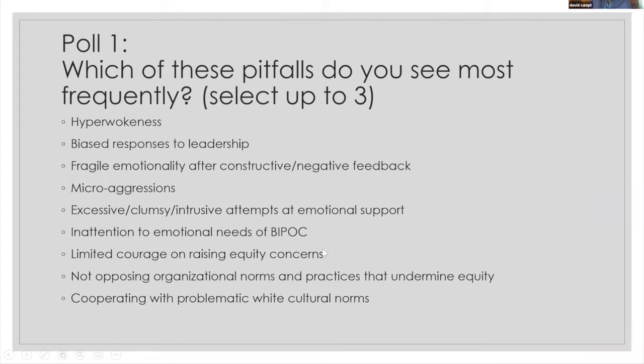Is it the hyper wokeness? Is it the biased responses to leadership? Is it the fragile emotionality after constructive feedback? Is it microaggressions, excessive or clumsy attempts to add emotional support, or its opposite, inattention to emotional support needs, limited courage on raising equity concerns, not opposing organizational norms and practices that undermine equity, or cooperating with problematic white cultural norms? Which do you see most frequently?